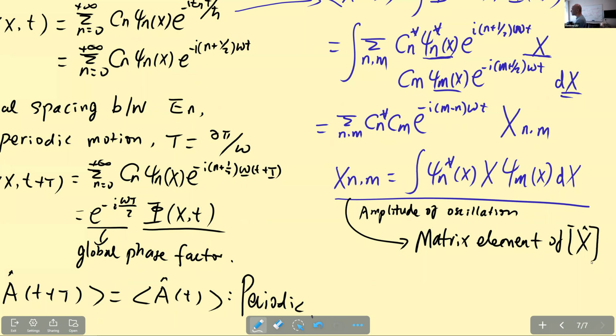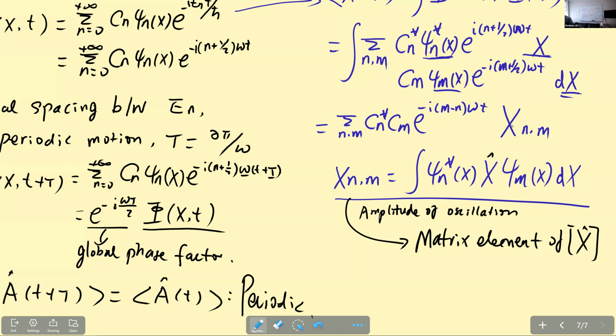So it's just the overlap. You apply this operator on the n state, and then look at the overlap with the m state. That one we call the matrix element. Later we're going to see why we call this one a matrix element, okay?